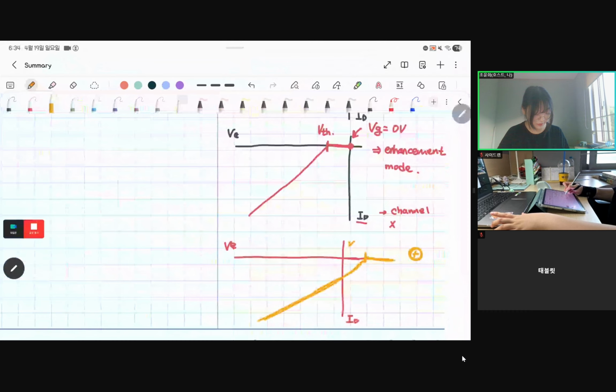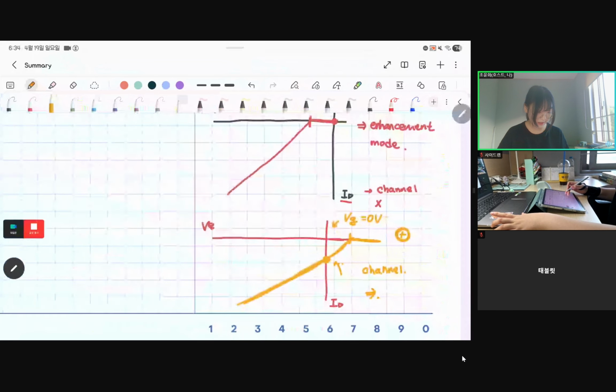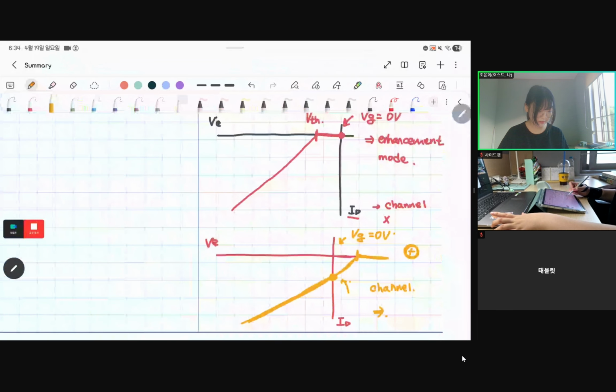So even if the gate voltage is 0 volts, the current exists and the channel has formed. So in this type, we can call this mode depletion mode.